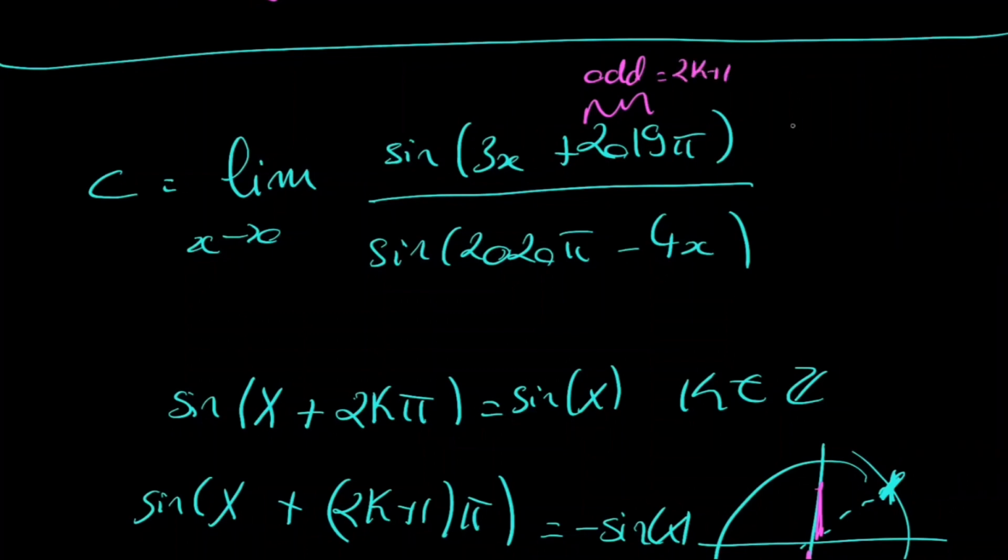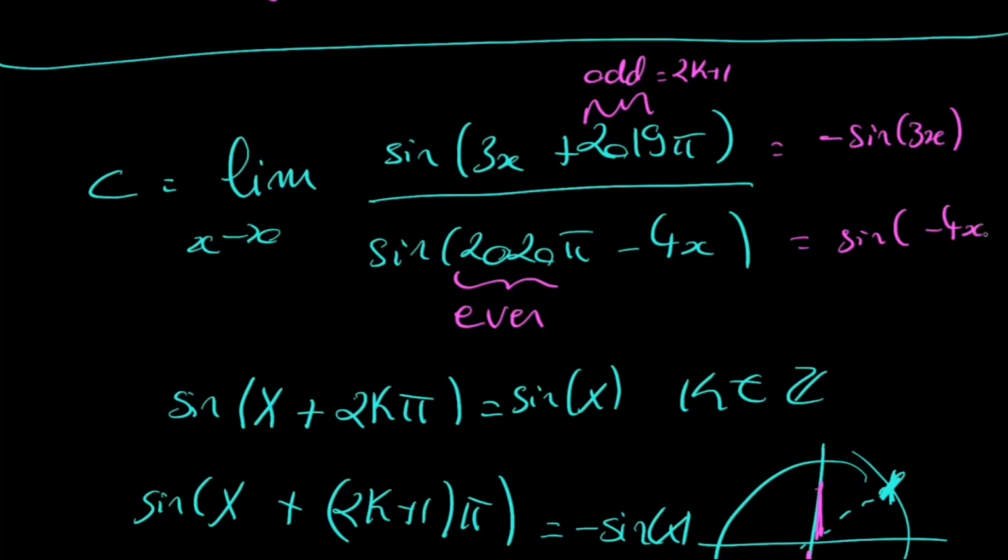So this thing here will be equal to minus sinus of 3x. And this thing here will be equal, because here we have an even multiple of pi, to sinus of minus 4x. And we remember that sinus of minus an angle is equal to minus the sinus of this angle.